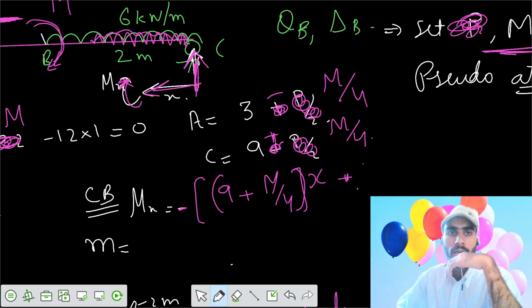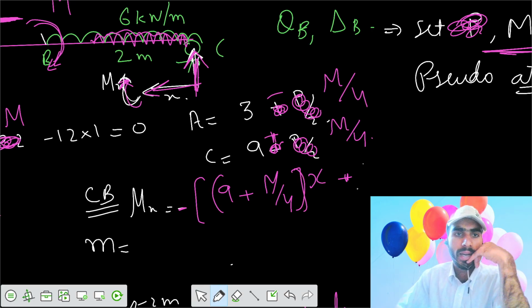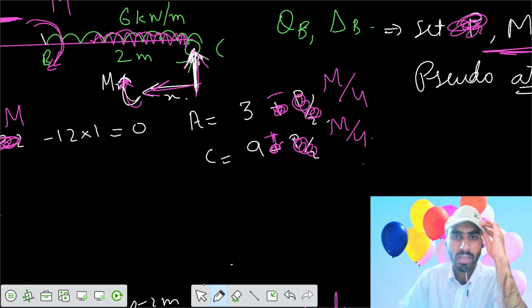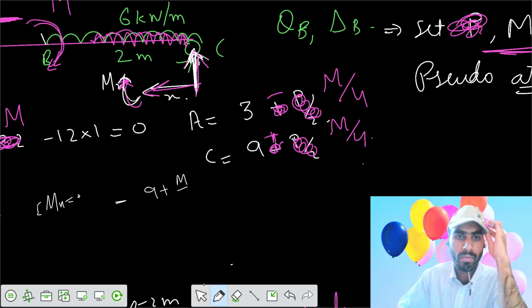See, moment at any x, we have to solve it. We say that this one is your anti-clockwise moment. If we solve it again, to make the confusion clear, say summation of moments at x equals to 0. So we write that minus times C is acting upwards, 9 plus M by 4 into x.